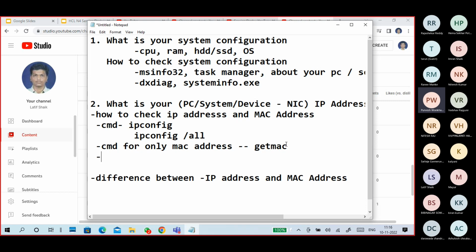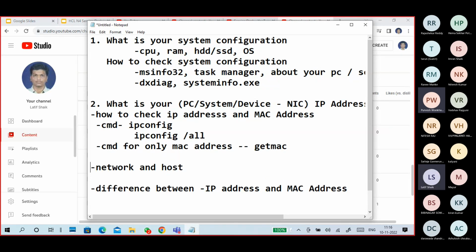Guys, what is a subnet mask? You said it correctly. A subnet mask divides an IP address into two portions, network and host. The first is network and the other one is host.